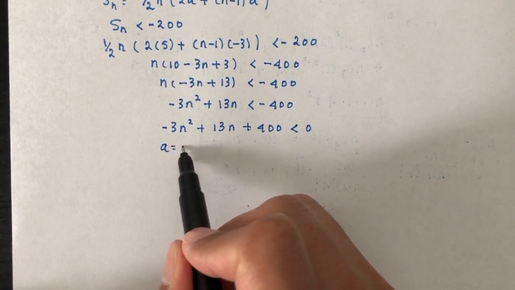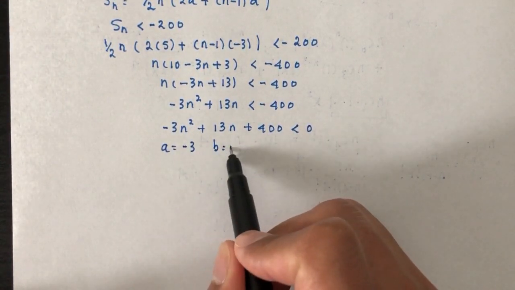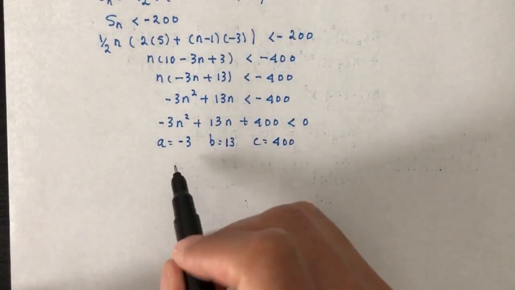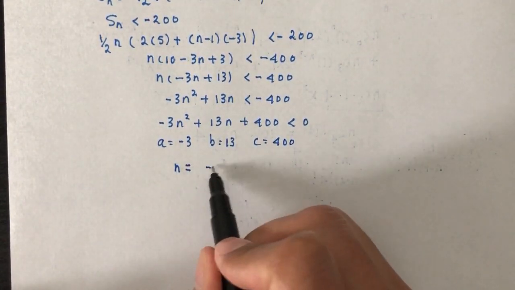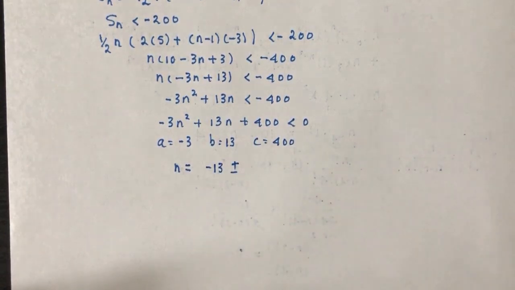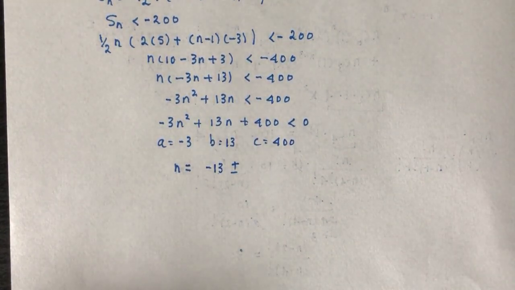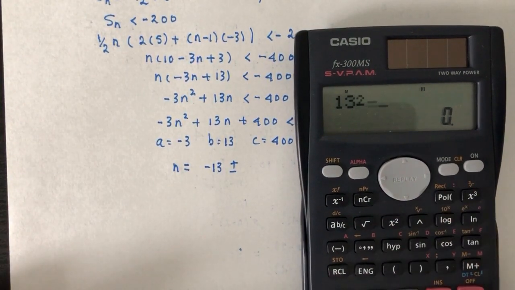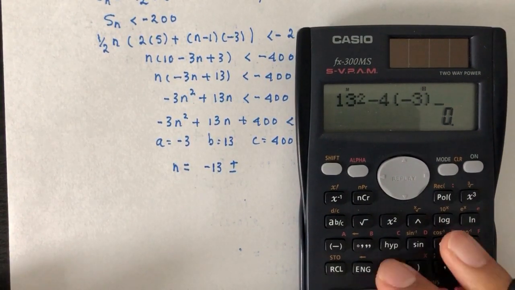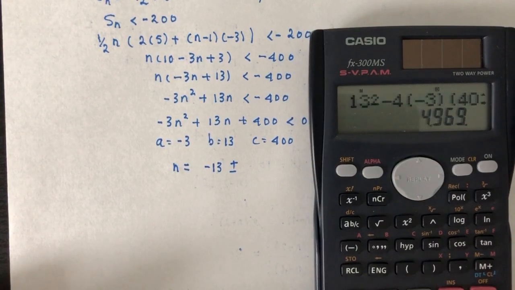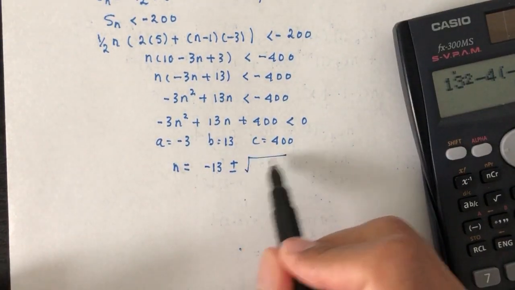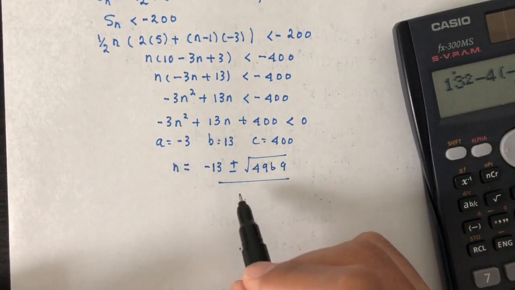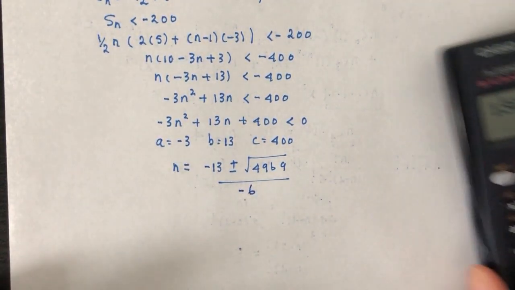So let's say a equal to minus 3, b equal to 13 and c equal to 400. So the value of n will be minus b plus or minus the square root of b squared minus 4 times a times c. Let's use our calculator here. That will be the square root of 4969, divided by minus 6.